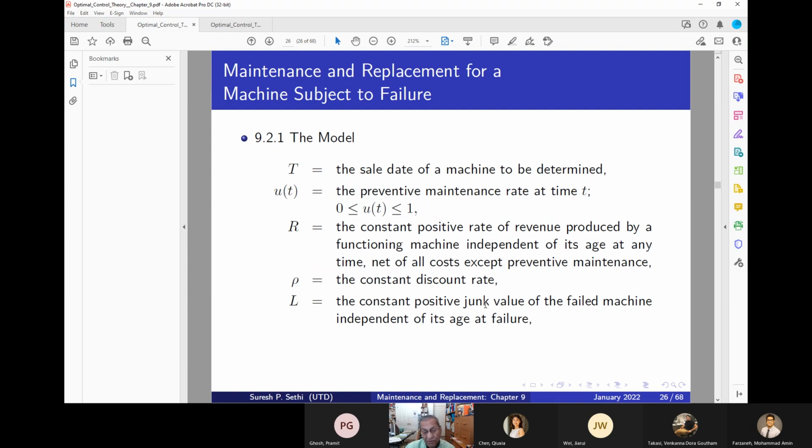Or it could be positive, because the junkyard will salvage the tires and whatever is salvageable, and they will pay you maybe $100 or so to say, okay, I'll take the car and I will salvage it and sell parts to people. So whatever it is, Kamien Schwartz decided that L is the positive junk value of the machine.